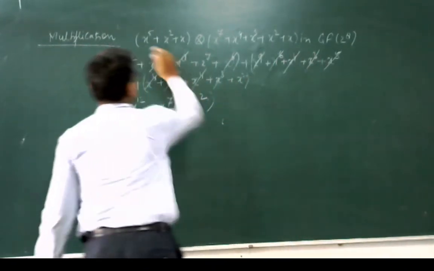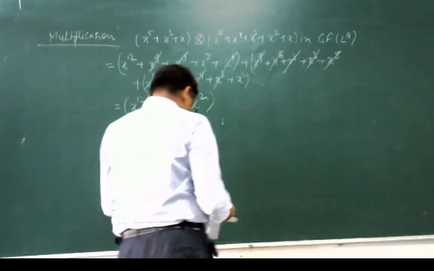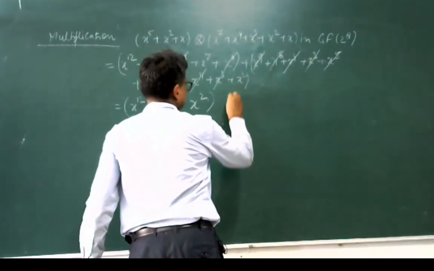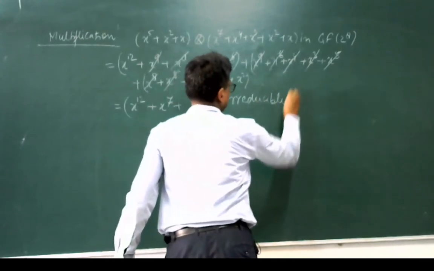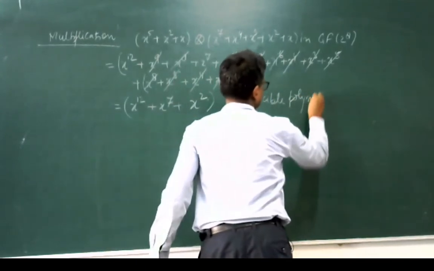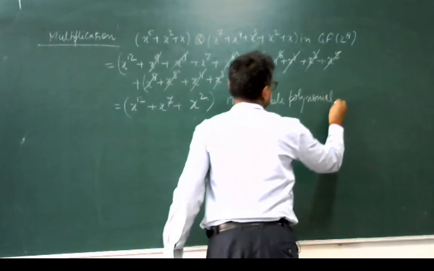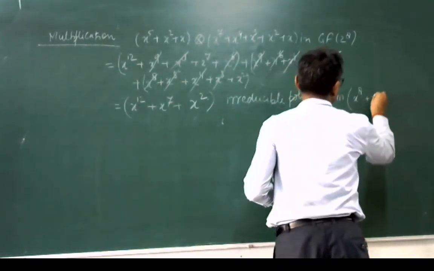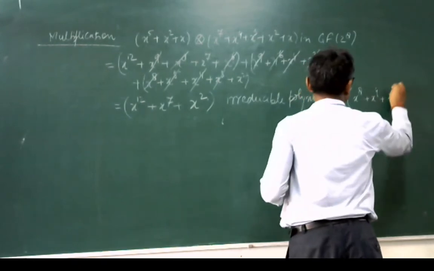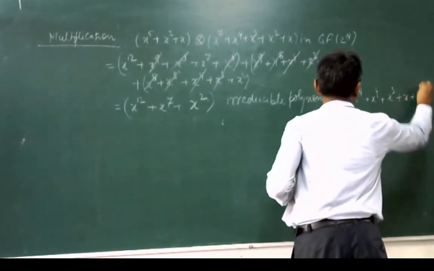Suppose the irreducible polynomial is given as x to the power 8 plus x to the power 4 plus x to the power 3 plus x plus 1.